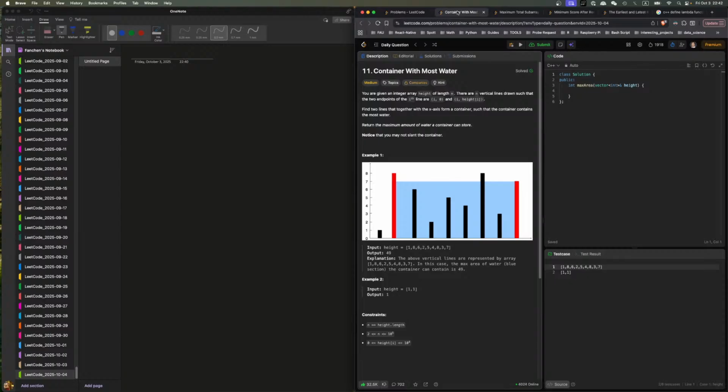Find two lines that together with the x-axis form a container such that the container contains the most water, and return the maximum amount of water a container can store. The above vertical lines are represented by the array of this. In this case, the maximum area will be the blue section, which can contain this.